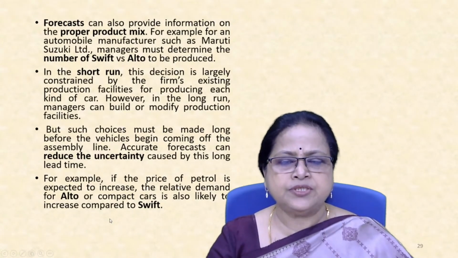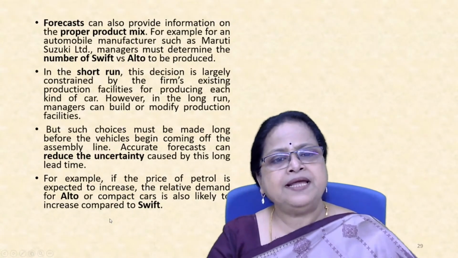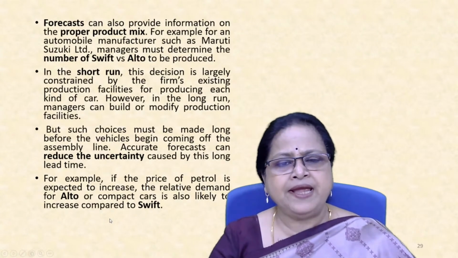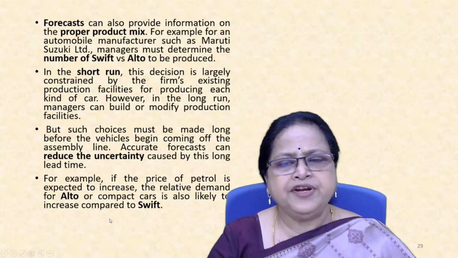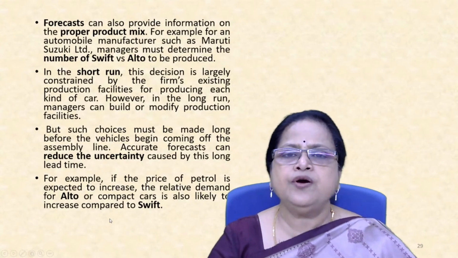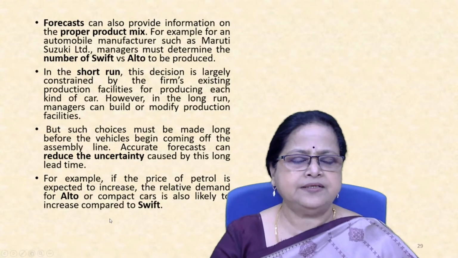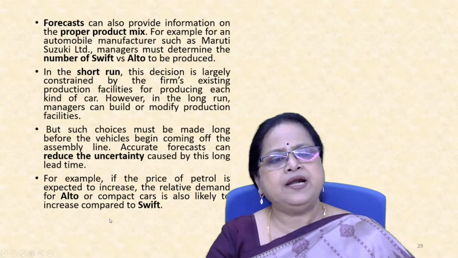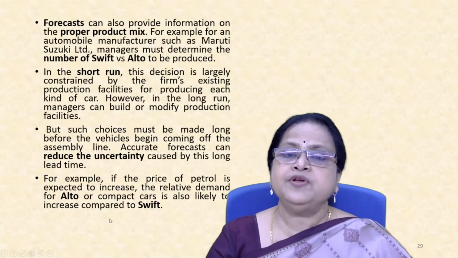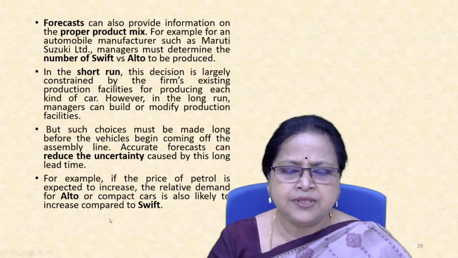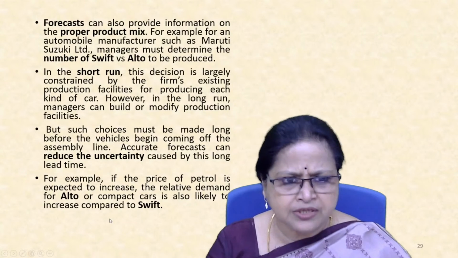That is the short run situation. However, in the long run, managers can build or modify the production facilities. They have the choice, or we can say the freedom. The long run is long enough so that they can take decisions. But such choices must be made long before the vehicles begin coming off the assembly line, to be sold in the market.